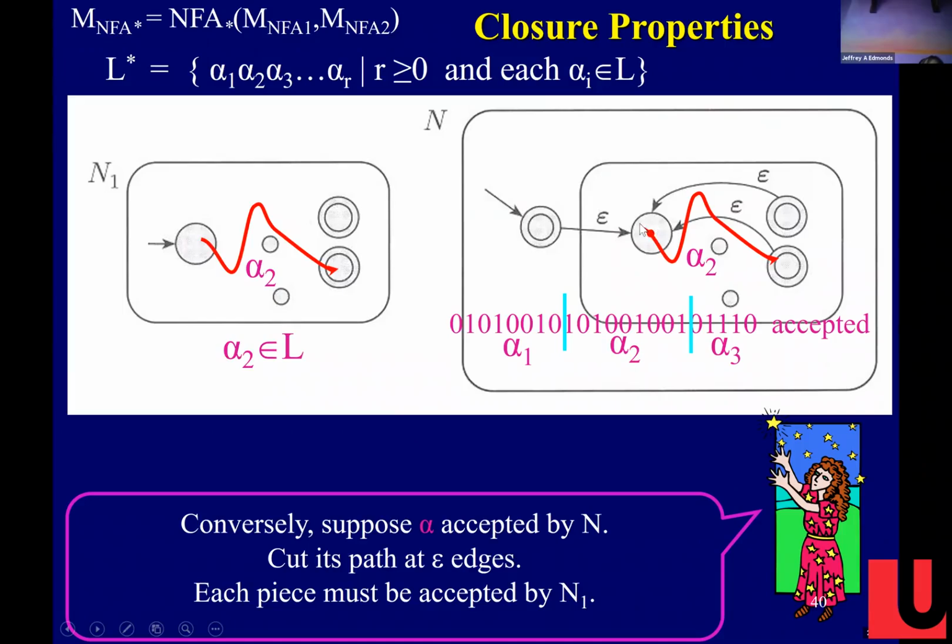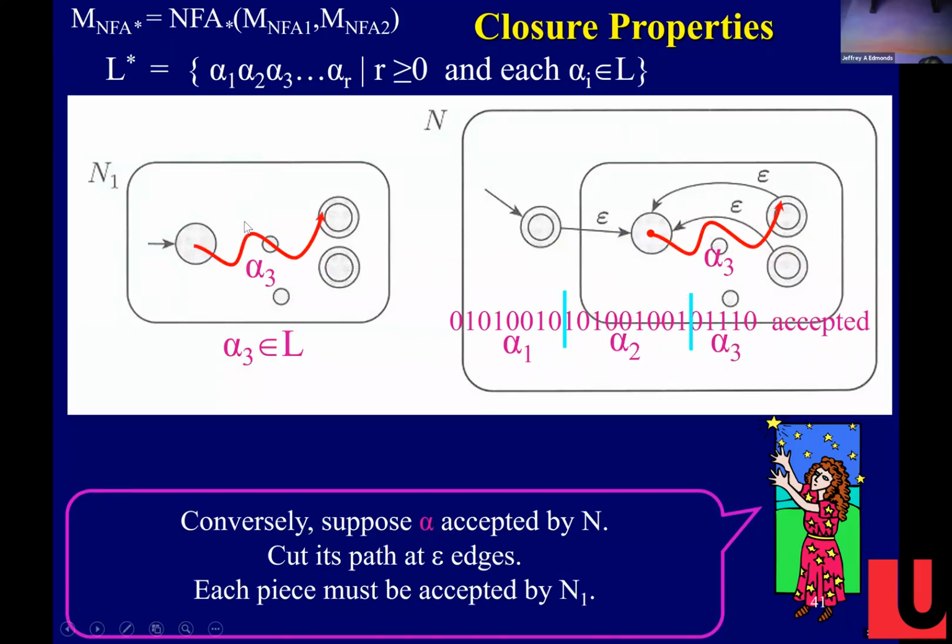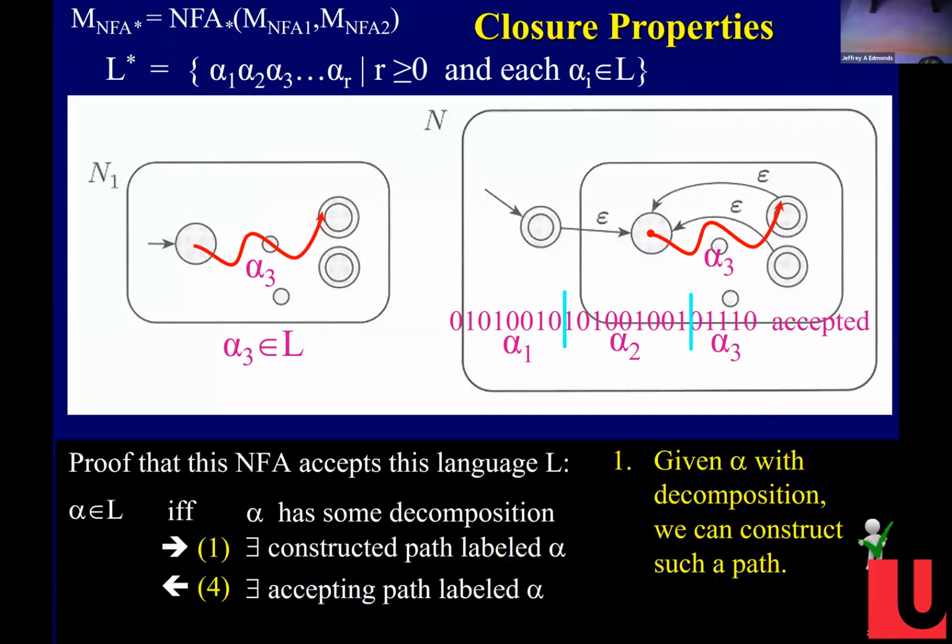Remember, between this path and the next path, we took some epsilon transition because that's how we cut it up. So our next path is going from the start state to an accept state, so it's accepted by the language. And alpha 3 is accepted by the language. So that means the whole string is in L star.